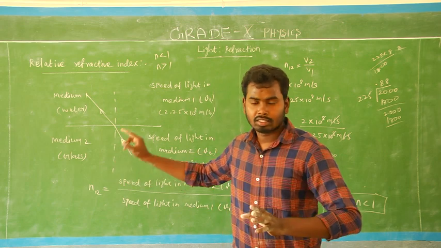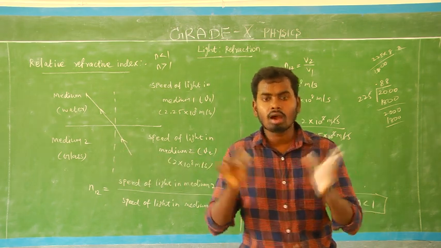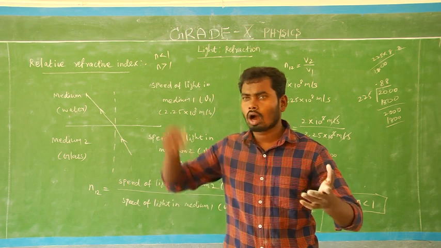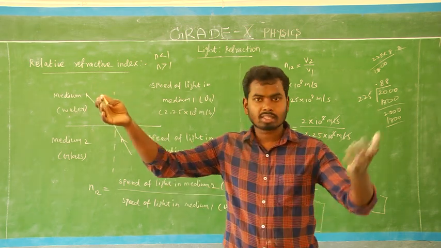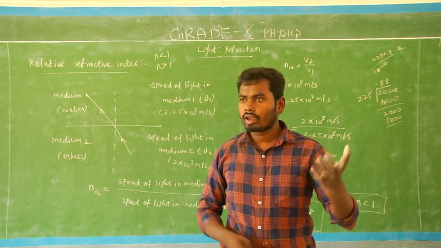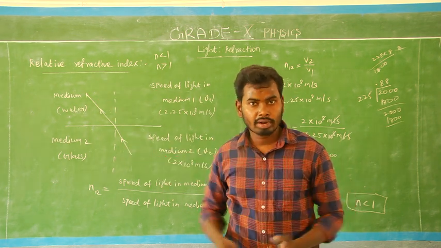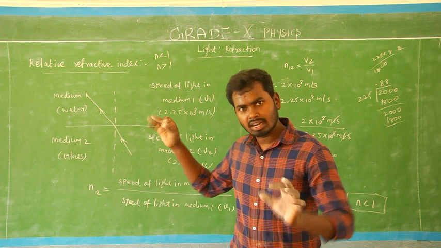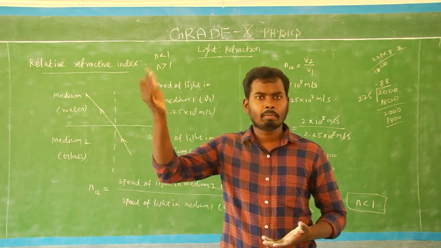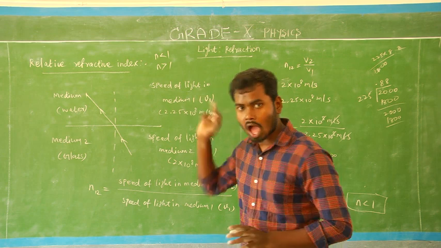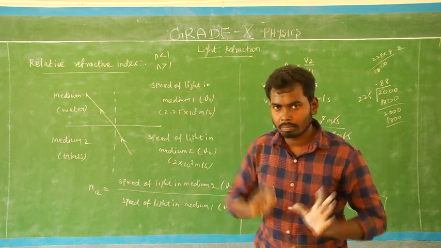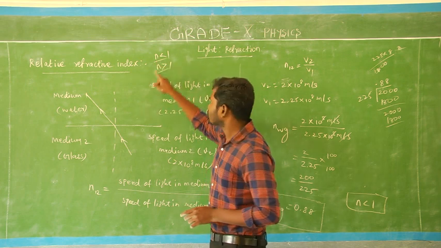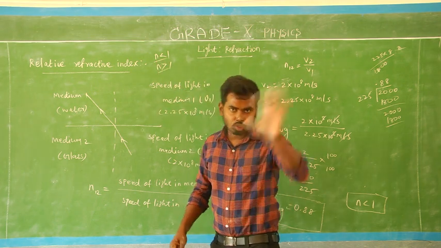It can be anything else, such as alcohol into water, water into glass, glass into diamond, sapphire into kerosene, but air should not be there. In the general case air should be there, but in relative refractive index air should not be there. Keep these two points in mind: in relative refractive index, the n value can be greater than 1 or smaller than 1.